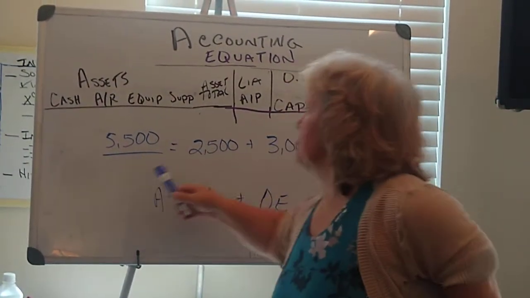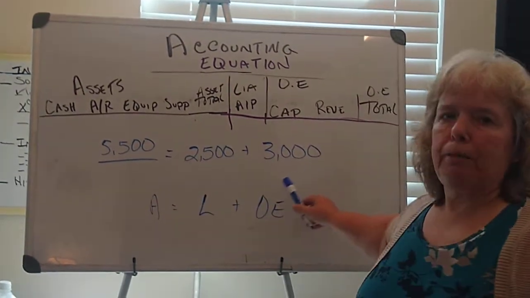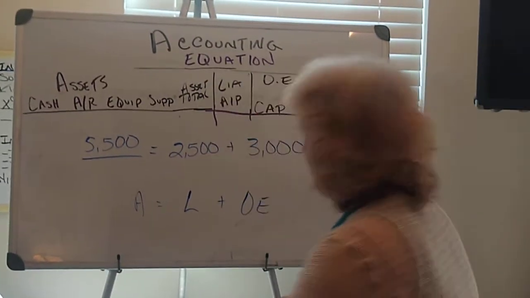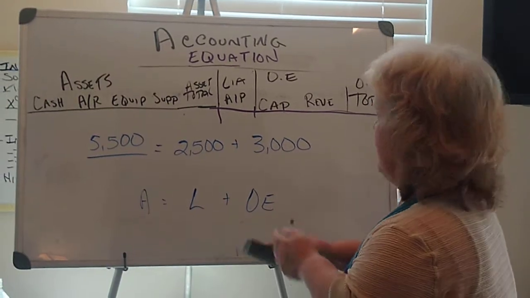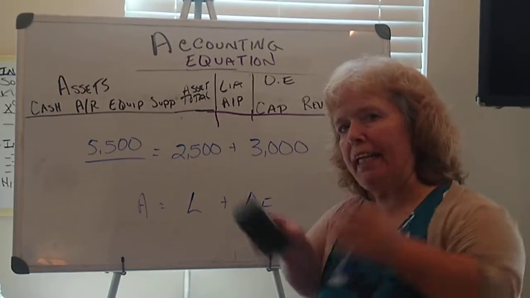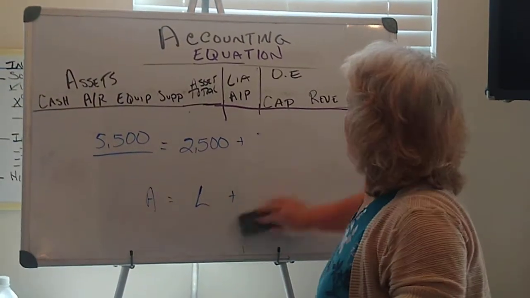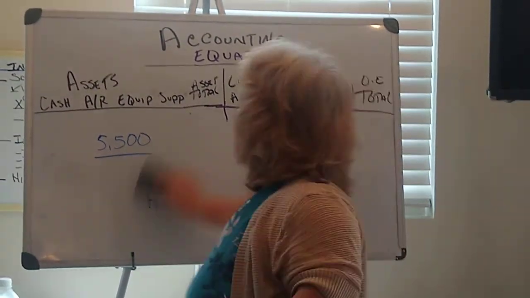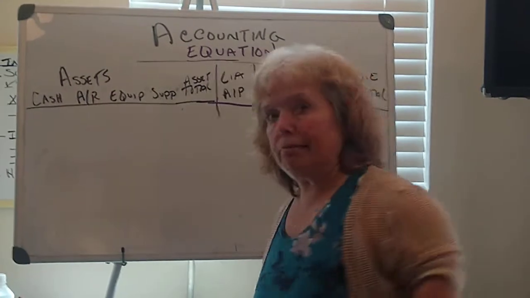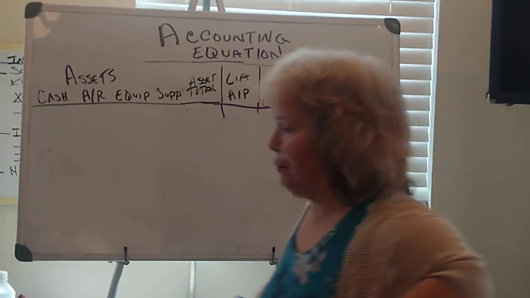Again, assets must equal liabilities plus owner's equity. All right, I think we got that. It's a simple concept, but when we start breaking down into the accounts, it's going to get a little bit more complex. Not complicated, just complex, which is really the same word, but it's a more positive spin on it.